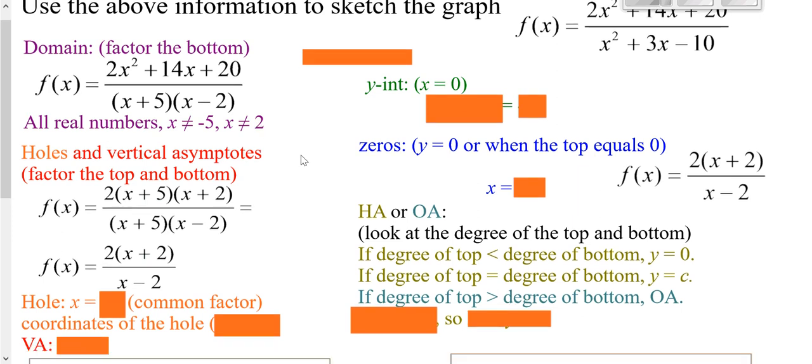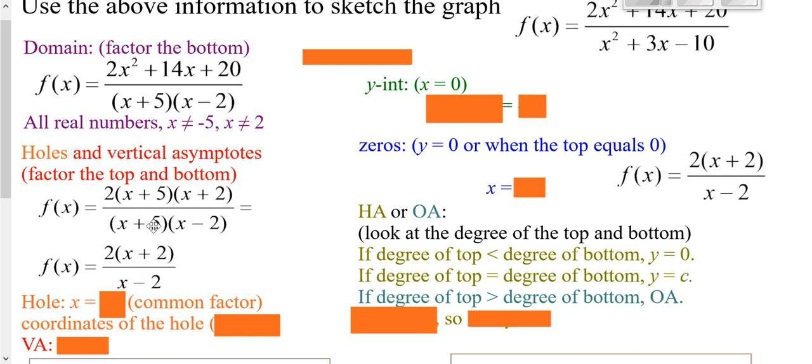Then we could go ahead and try to find any holes and vertical asymptotes. Well, once again, holes are when you have a common factor, so you also have to factor the top. Factor the top, you get this. Notice we have a common factor on the top and the bottom right here of an x plus 5.